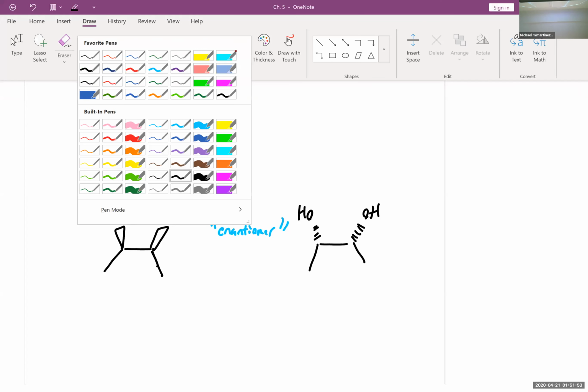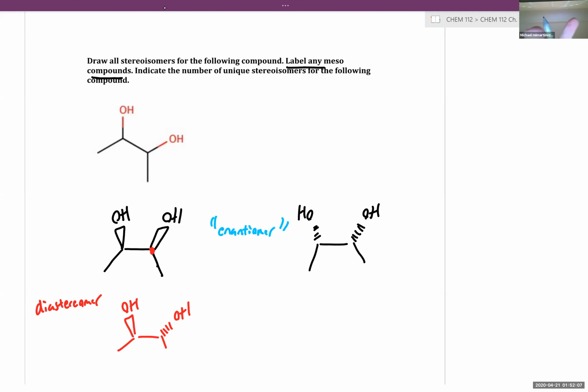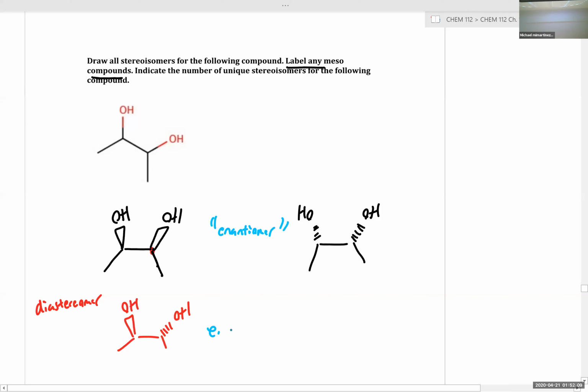If I wanted to draw a diastereomer, all I'd have to do is pick a stereocenter and invert it. And if I wanted to draw an enantiomer, I just invert both of my stereocenters.